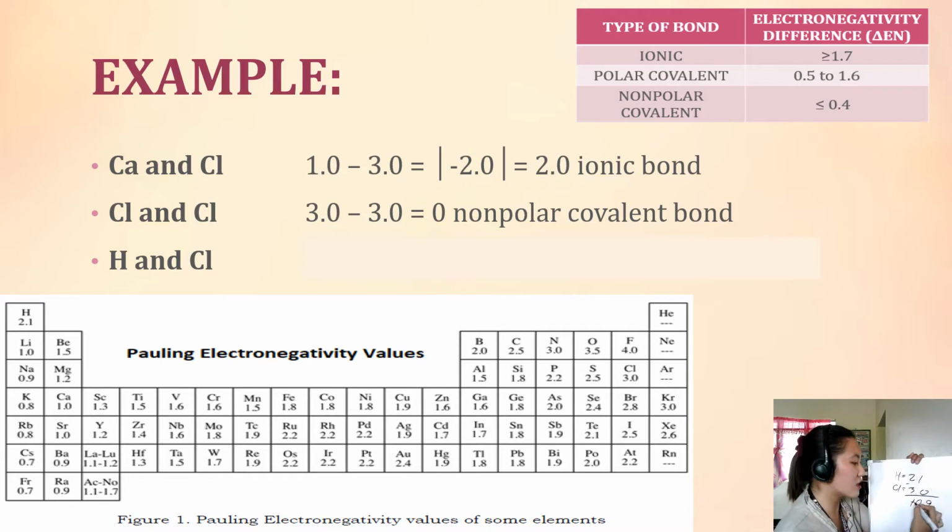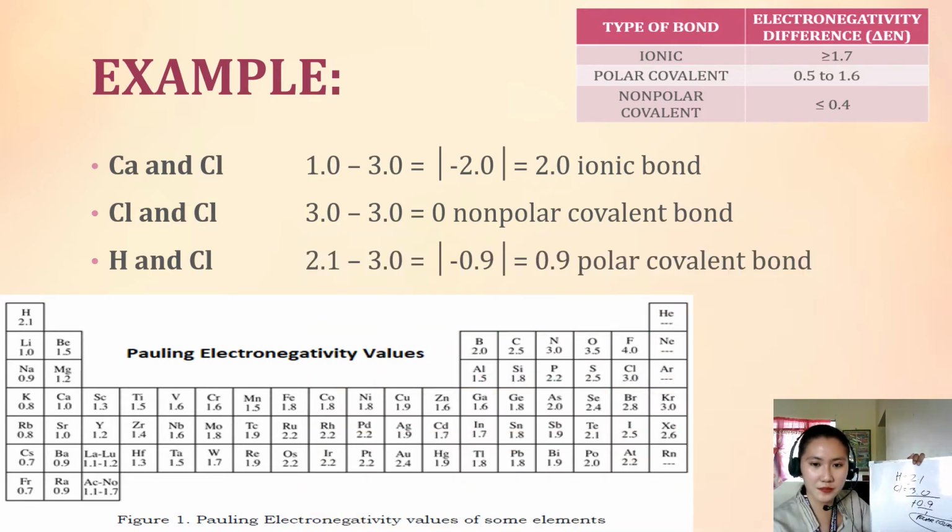So, disregard the negative sign, it will be 0.9. 0.9 is under the polar covalent. Okay, so polar covalent bond is the type of bond of HCl. So let's check. Okay, so polar covalent.